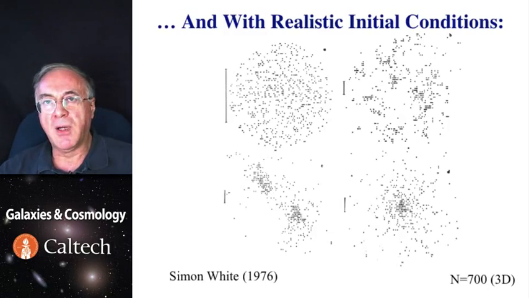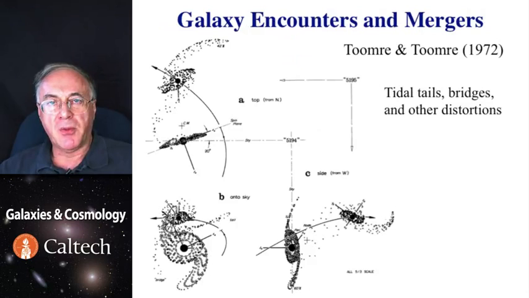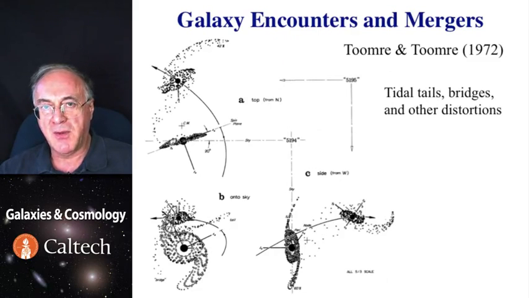Notice that these only have a few hundred particles, which is obviously vastly less than is needed for a really realistic simulation. The milestone paper was by Alar and Yuri Toomre, who did simulations of colliding disk galaxies using a lot of approximations, but with a great physical intuition. And they already reproduced interesting morphological features like tidal distortions and tidal tails and bridges and things like that.